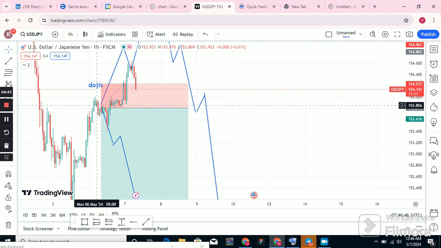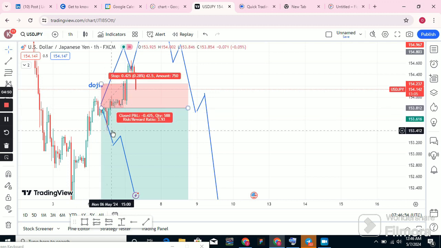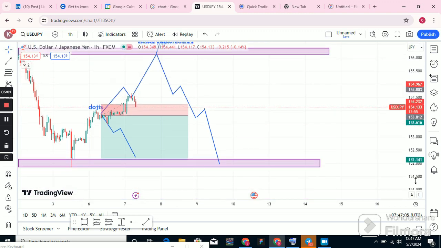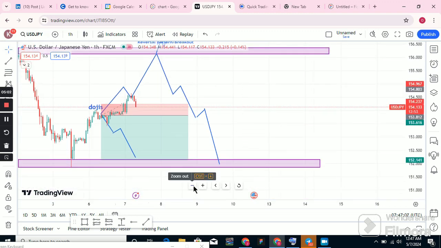You can see there is also kind of a big red candle showing like an engulfing. We allowed the market to go back to half of the bearish candle, and then we took our trade. So we were expecting it to go down up to that point, but we didn't get that. So actually this trade was a loss. There's no hard feeling there. That's what happens in the market.